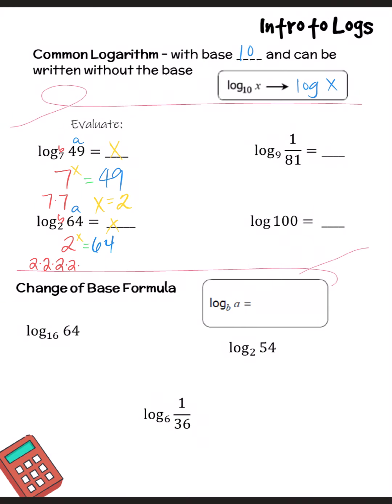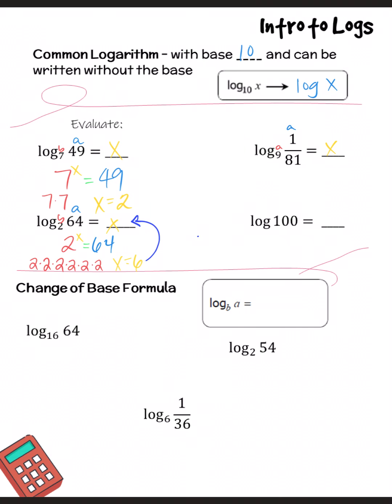We keep multiplying by 2 until we get to 64, which takes 6 twos. So our x is 6, and log base 2 of 64 equals 6. Okay?